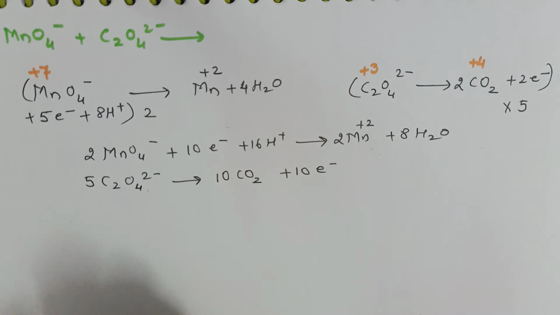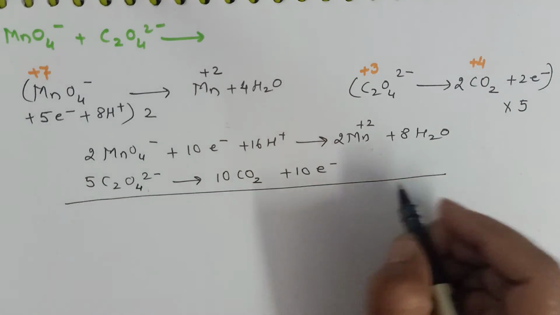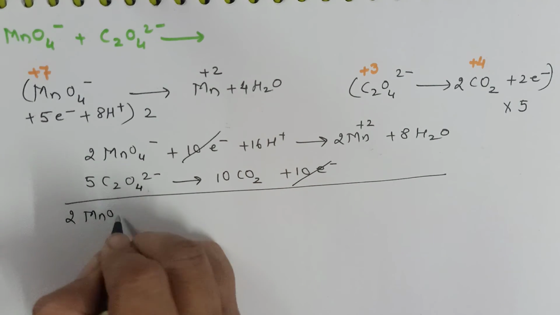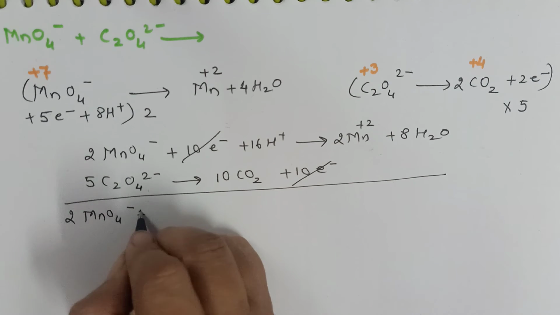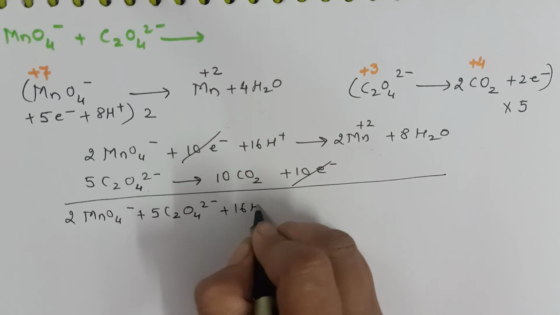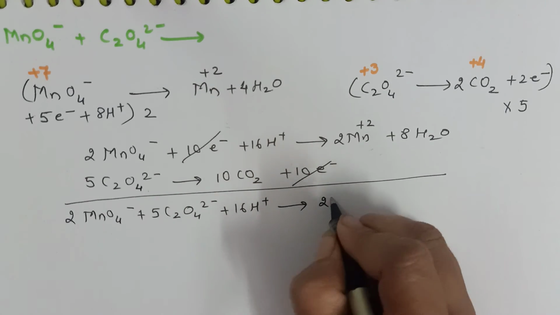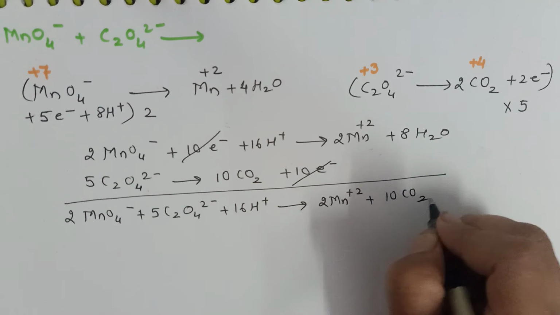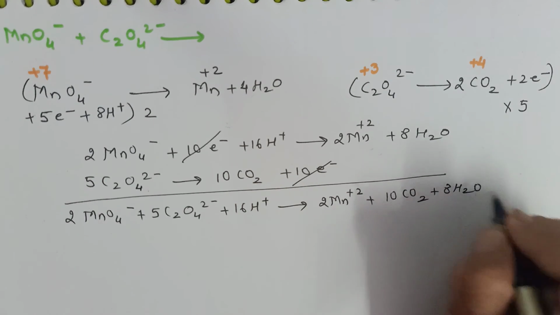Now I can add these equations. The electrons will get cancelled and therefore my final answer will be 2MnO4 minus plus 5C2O4 2 minus plus 16H plus gives 2Mn plus 2 plus 10 CO2 and 8H2O.